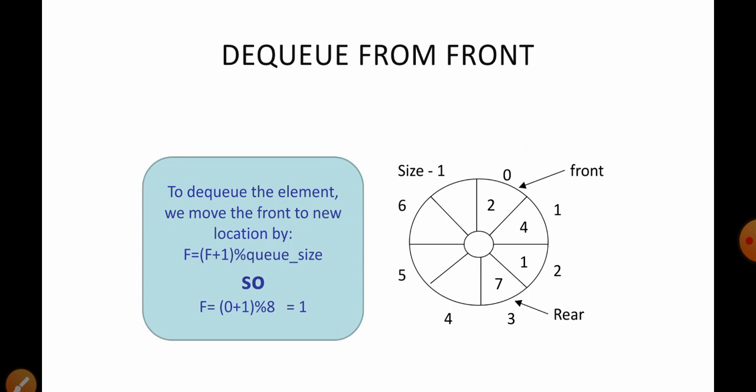To deque the element from front, we will use the formula front is equal to front plus 1 mod queue size. The front is now at index 0, and after deque we change the front index using this formula: 0 plus 1 mod 8 is equal to 1. So after deque, the value 0 will be dequeued and front will move to index 1.